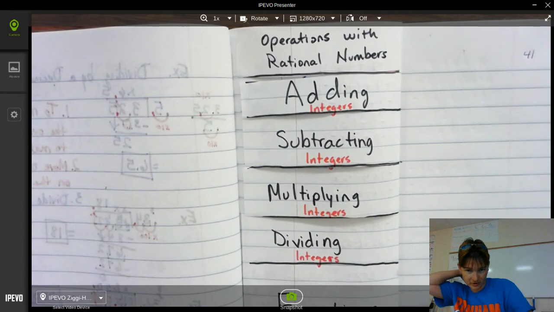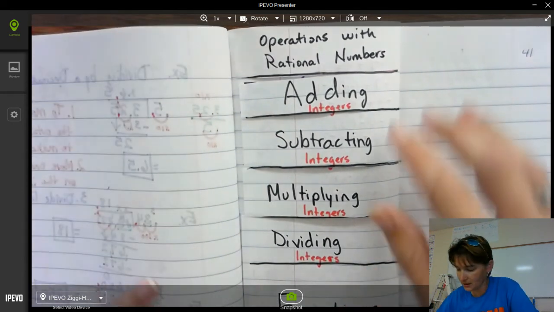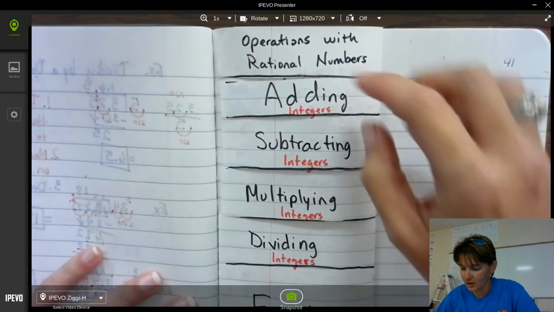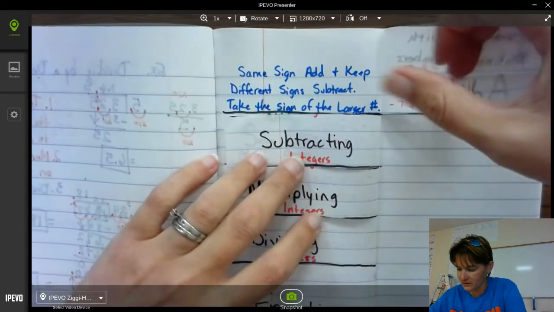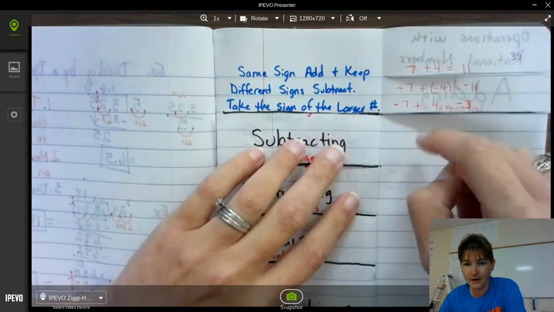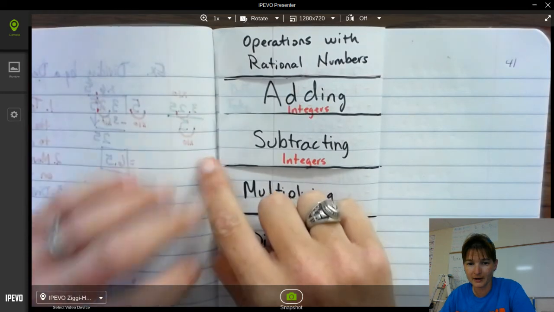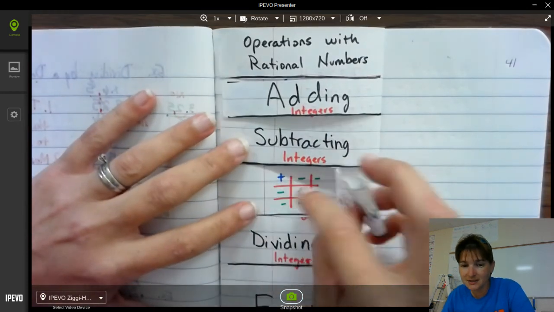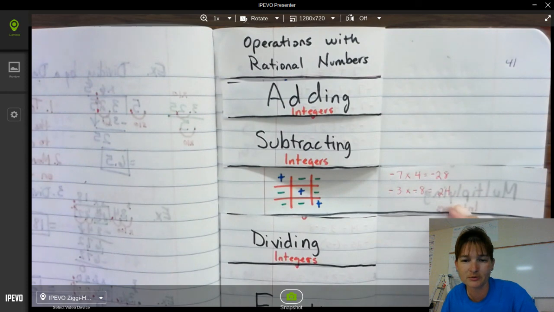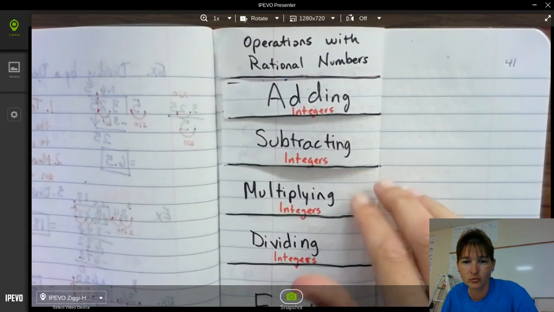But when you're studying for our post tests in our class on Fridays, you can see operations with rational numbers. For your adding rules, you can simply try to remember them and then look to see if you were correct. Then you can say, okay, operations with multiplying integers. I believe it was a tic-tac-toe. Yes, all right, and then look at your example problems to make sure you remember how to do those individual problems.